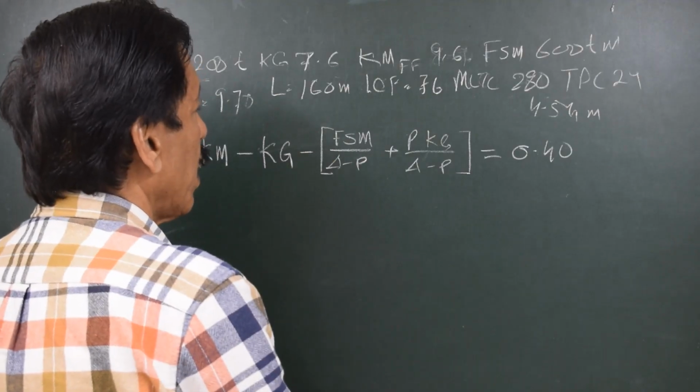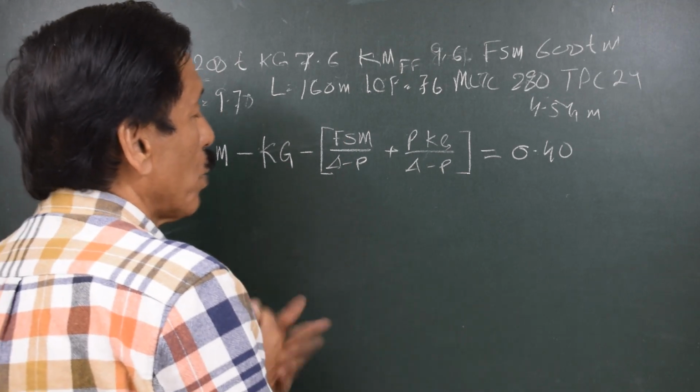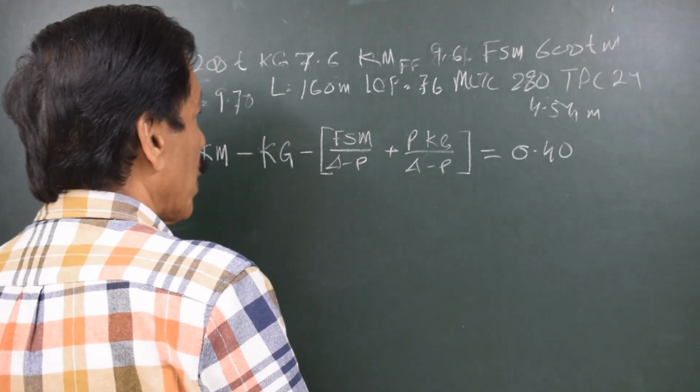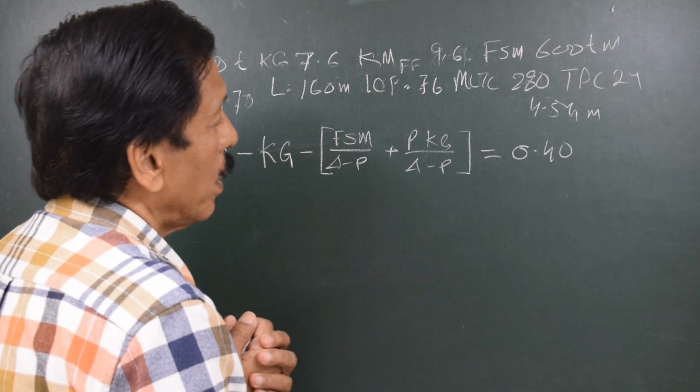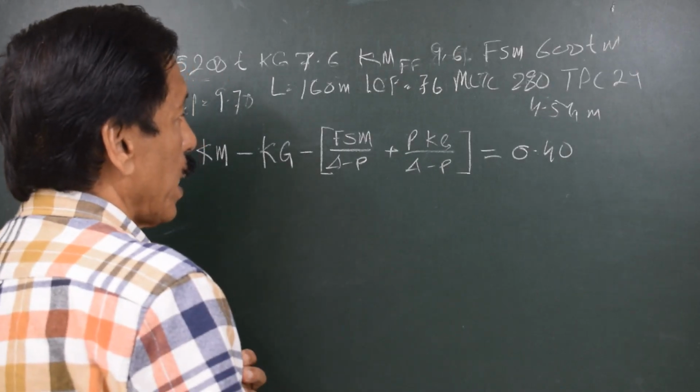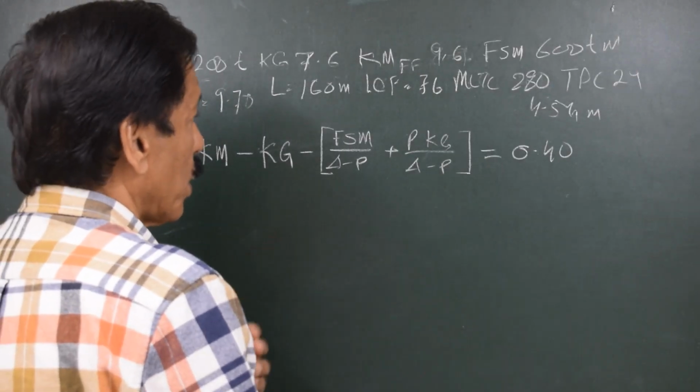Now we will take the KM for the free floating condition because we don't know any other water level that is going to arrive during the dry docking as yet, because we don't know the trim.